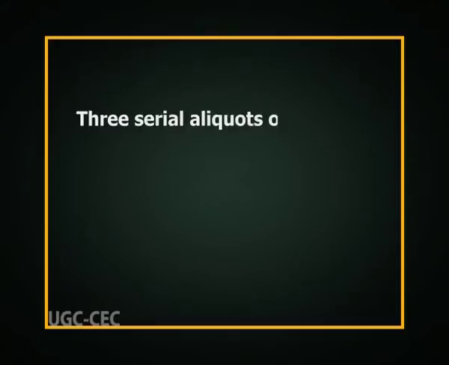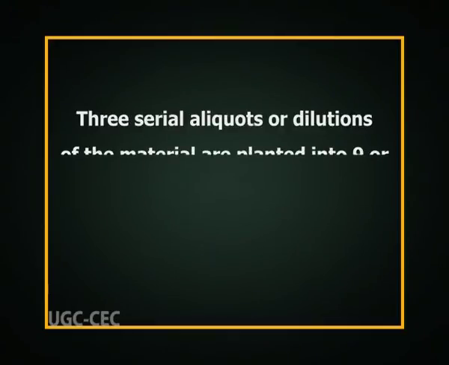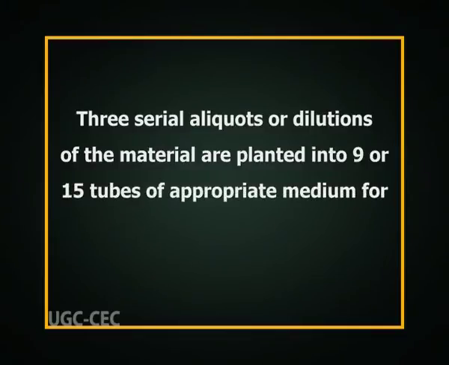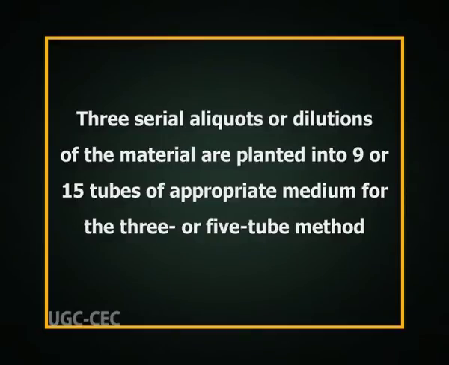Three serial aliquots or dilutions of the material to be studied are then planted into 9 or 15 tubes of appropriate medium for the 3 or 5 tube method respectively. The medium used has to be designed to make it possible to decide whether growth or no growth has occurred, and the number of positives at each sample size or dilution is determined after incubating the tubes.